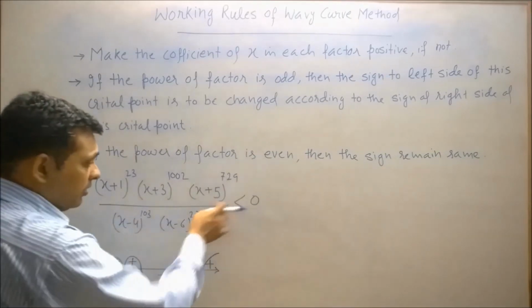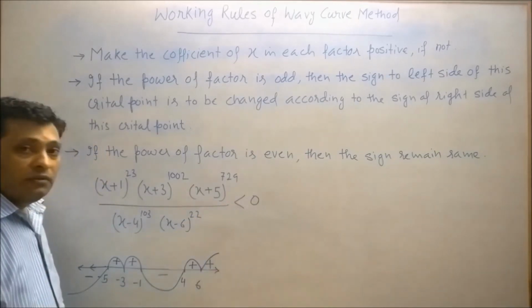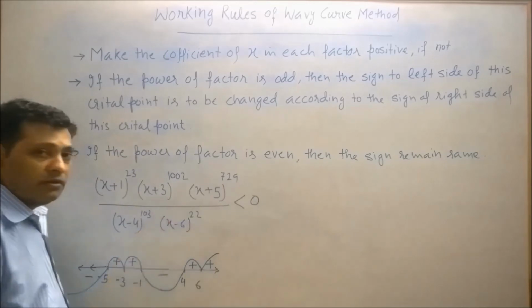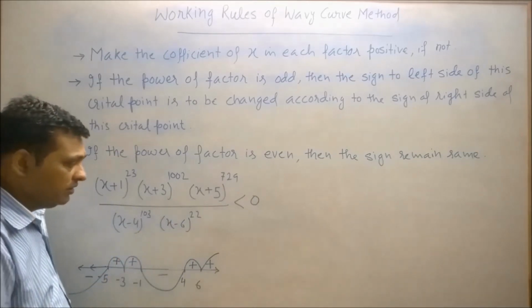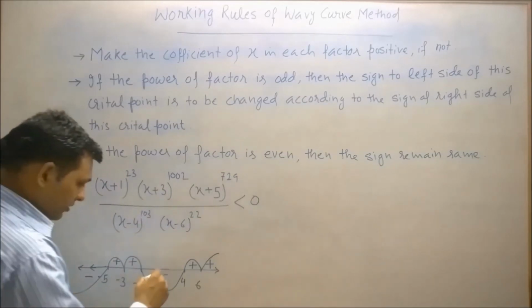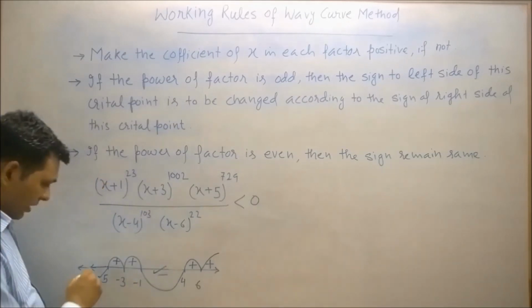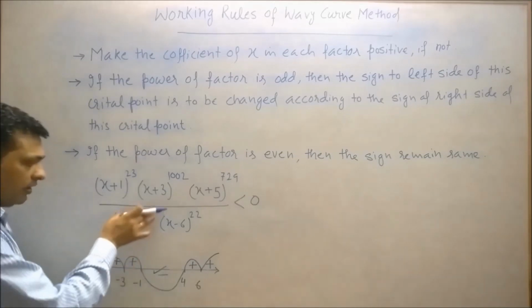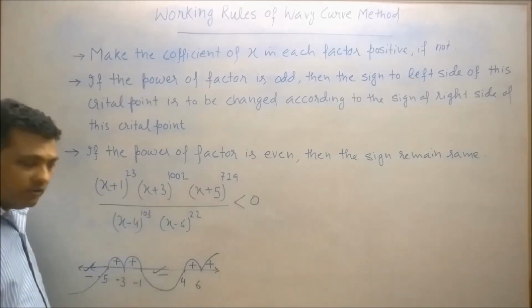But our requirement is that the left hand side of this inequality must be less than 0, which means the left hand side must be negative. So we can say this interval and this interval satisfy the given inequality.